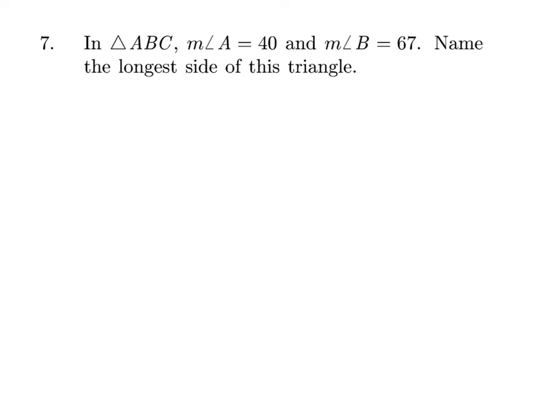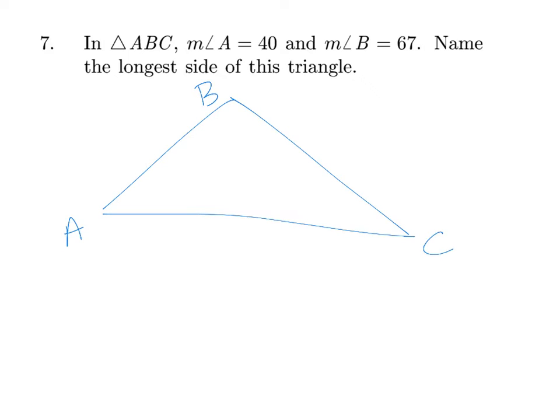In triangle ABC, measure of angle A is 40 and B is 67. Name the longest side of this triangle. Always draw a diagram whenever you're not given one. A is 40 degrees, B is 67 degrees.